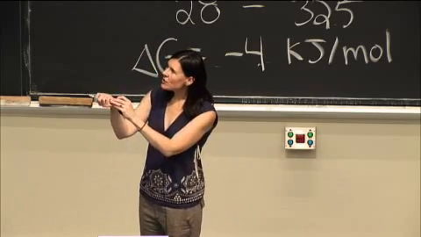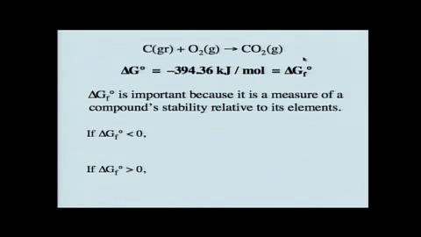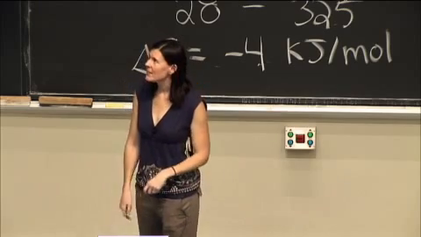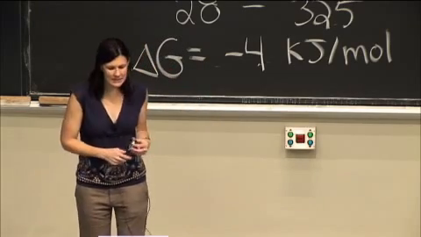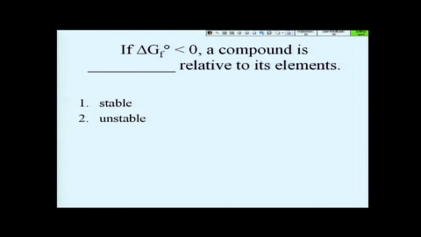So let's have you do one last clicker question here and tell me, what do you think if delta G of formation of actually forming a molecule is going to be negative? Would you say that the compound is going to be stable or unstable relative to the elements that that compound is made up of?